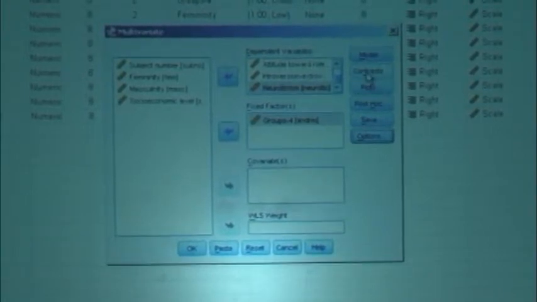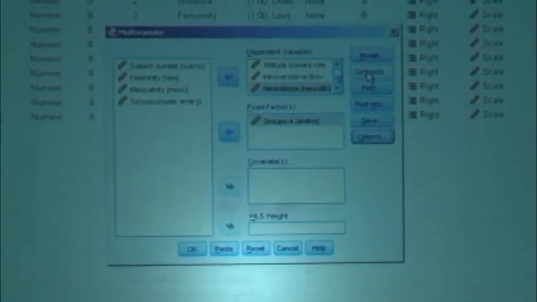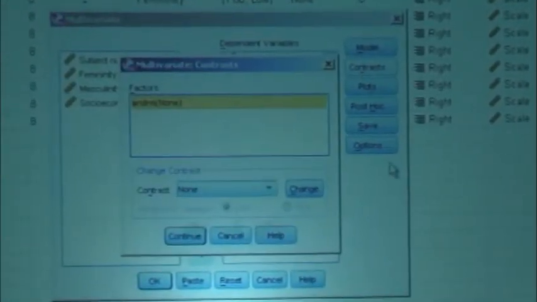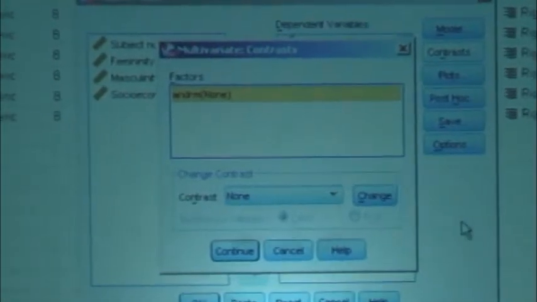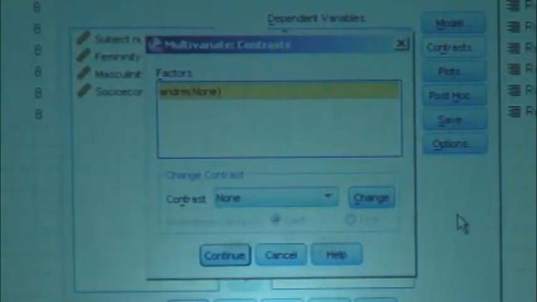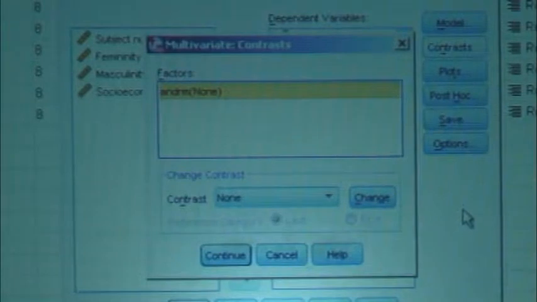But there is this contrast button that we haven't used in the general linear model before, and there is a way you can use it for MANOVA. Remember, if we're doing comparisons on a single DV, we do it with the means module, where we put the 1, minus 1, 0, 0, like we did first semester.